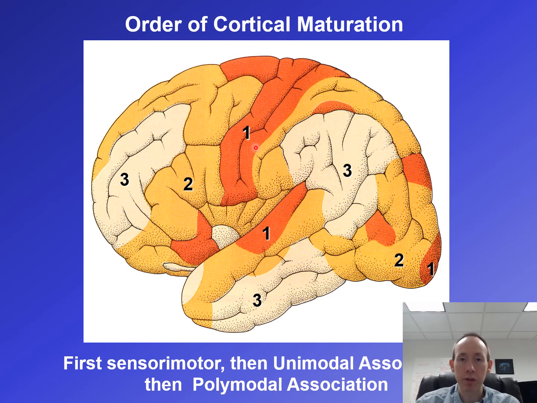Then as we spread out from there, we quickly get into areas that tend to develop a little bit later. In particular, the frontal lobe is going to develop the latest. But as we age, that is also the area of the brain that tends to atrophy and change with age earliest. So it's this last in, first out principle.